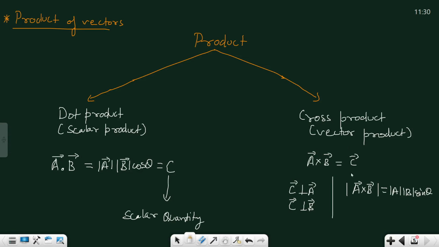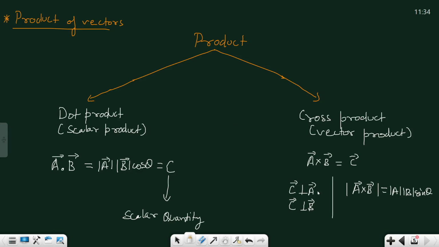But there are other quantities like torque which are vectors. So whenever you go for the cross product, you will get a new vector, and when you go with the dot product, you will get a scalar. Clear? First we will start with the dot product. Just note it down on this slide. We will take dot product and cross product separately.